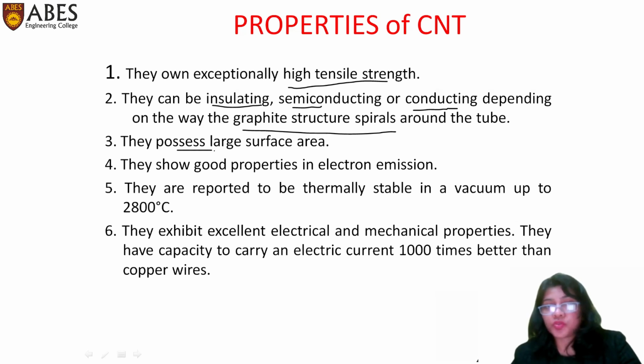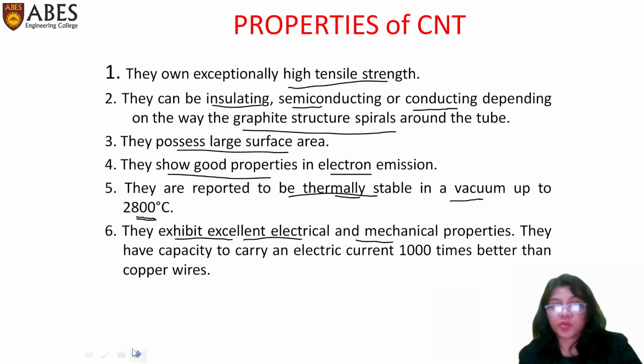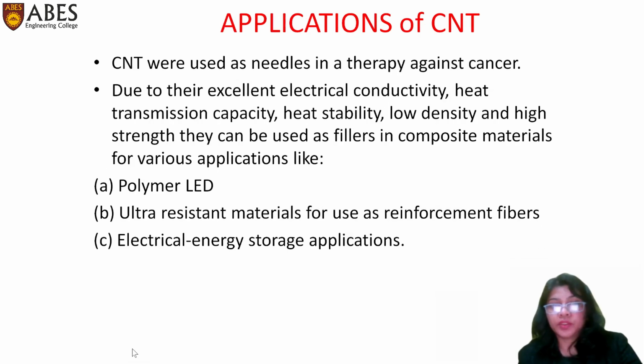Carbon nanotubes also possess large surface area and show good properties in electron emission. They are reported to be thermally stable in vacuum up to a temperature of 2800 degrees centigrade. Carbon nanotubes exhibit excellent electrical and mechanical properties. These are some of the major properties of carbon nanotube.